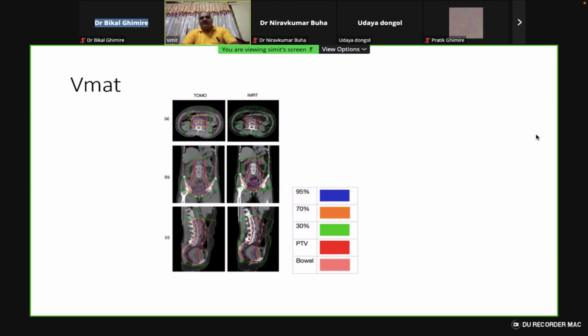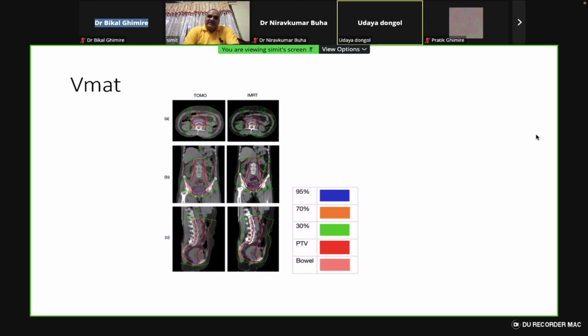VMAT is volumetric arc therapy. It's a kind of IMRT where, instead of multiple small fields as in IMRT, in VMAT all is treated within a volume. So in most cases, it's not required. However, in some cases where large fields are used, like this patient who is a case of extended field RT, where in rectum we are giving dose to the tumor as well as the para-aortic nodes of the infrarenal region, VMAT has a definite advantage over IMRT because a single volume is used.